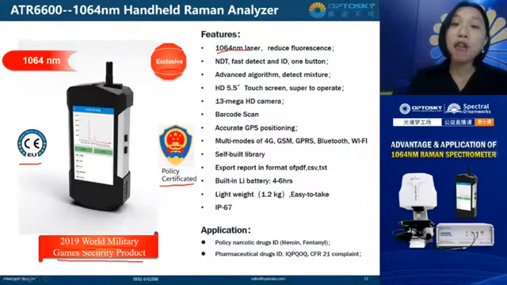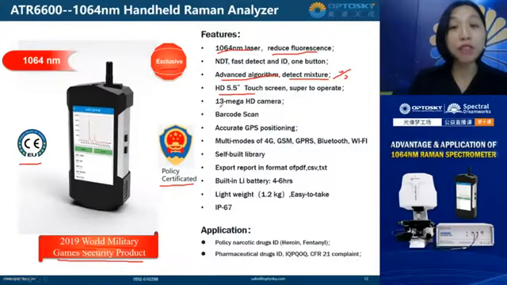The features are obvious. It uses a 1064 nanometer laser that can reduce the fluorescence. It has the most advanced algorithm and can detect mixtures and show percentages. We also have a very user-friendly high-definition 5.5 inch touch screen, and it is super easy to operate. We have a 13 megapixel high-definition camera with barcode scanning.